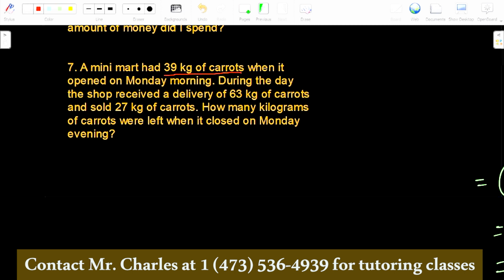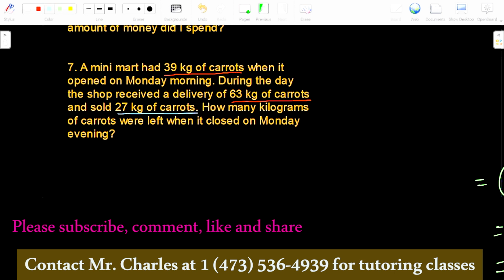During the day, the shop received a delivery of 63 kilograms of carrots and sold 27 kilograms of carrots. How many kilograms of carrots were left when it closed on Monday evening? So the first thing you have to do is to add up the total number of carrots that were in stock during the day.